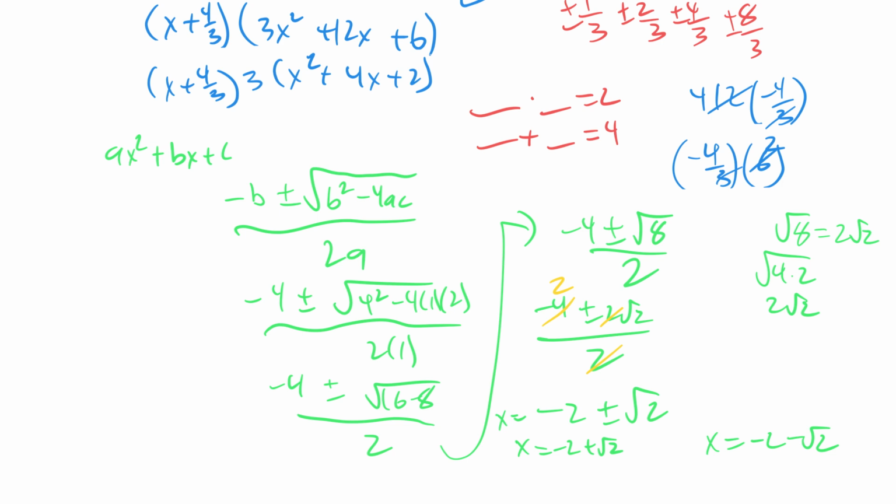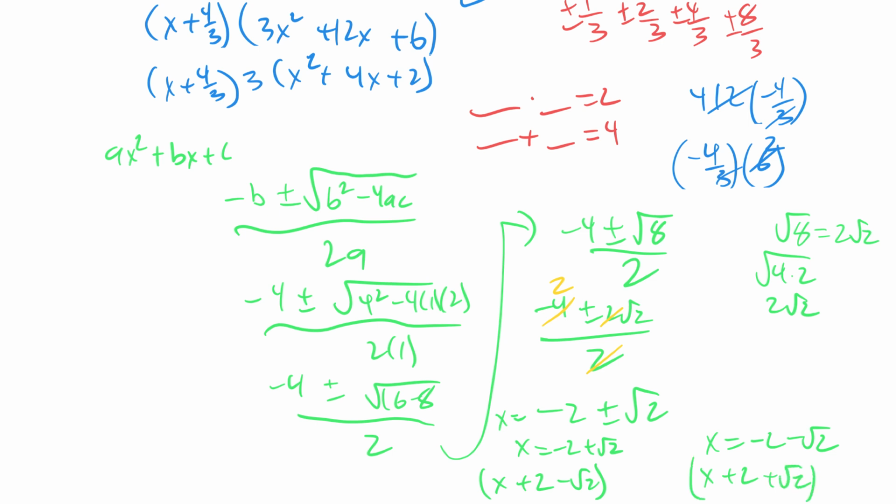To convert them back into little factored things in brackets, we have to move everything to the other side. So if we move it to the other side, right, take the negative 2, move it over, it becomes positive. Take the positive root 2, it becomes negative. Same thing over here, we get x plus 2, and this will be plus root 2.